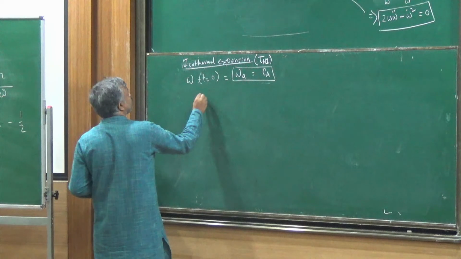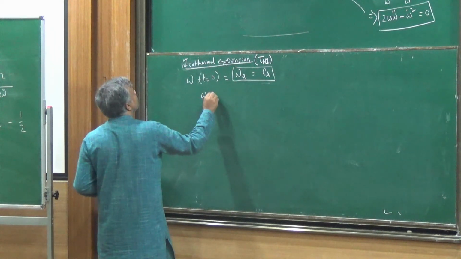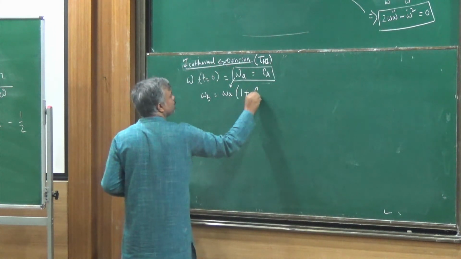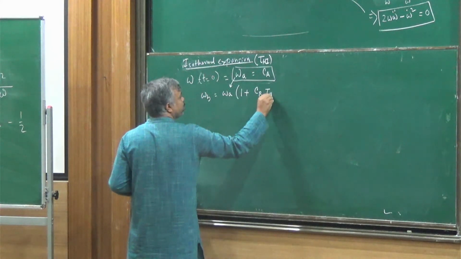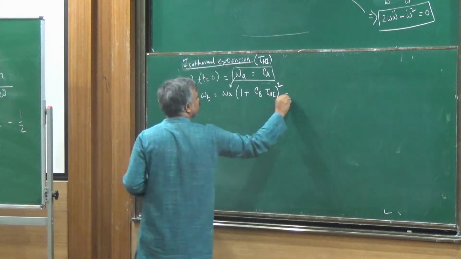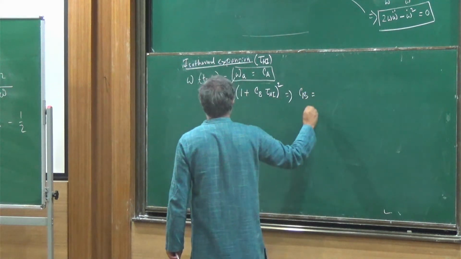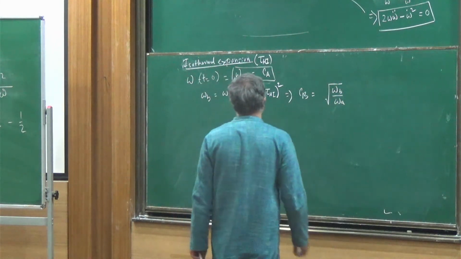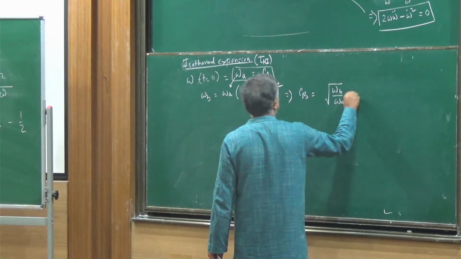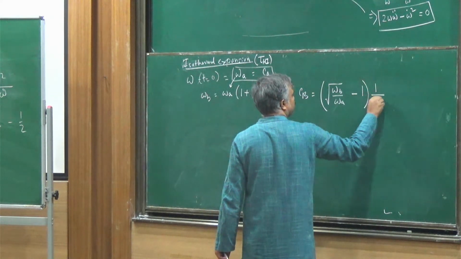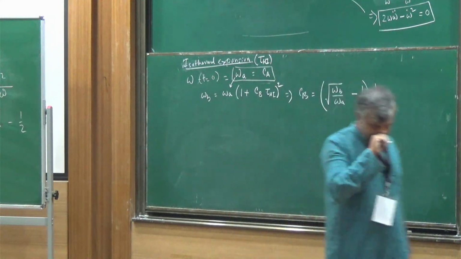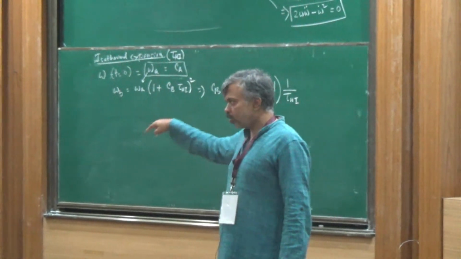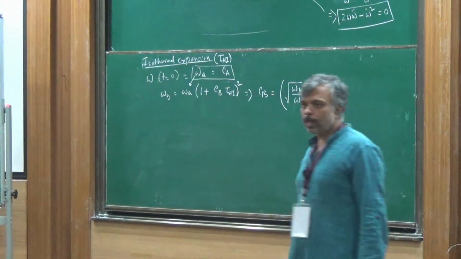So it means omega B is omega A from here 1 plus CB tau hi square, which will give you CB as omega B by omega A under root minus 1 by tau hi. This is hot isothermal. This is the isothermal expansion.